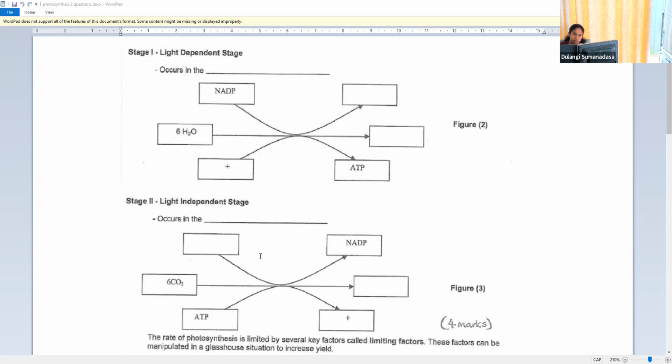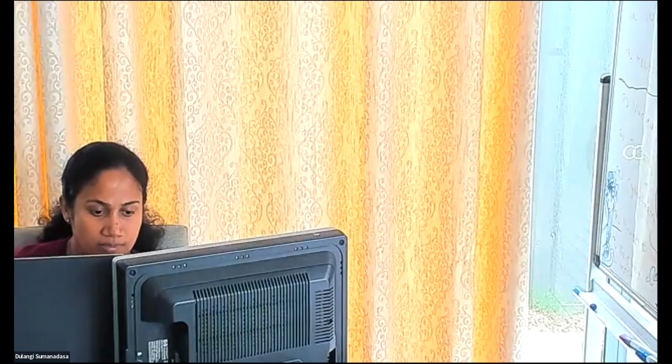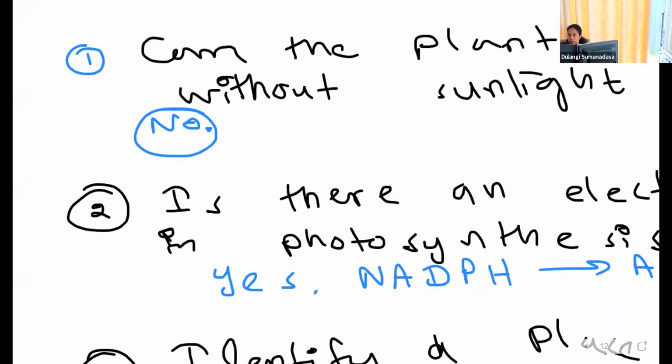I will go through the limiting factors later, but before that we have to do the Calvin cycle in detail, light independent reaction. So do the first one if you want to do all of them, but I'm going to go through the first one.